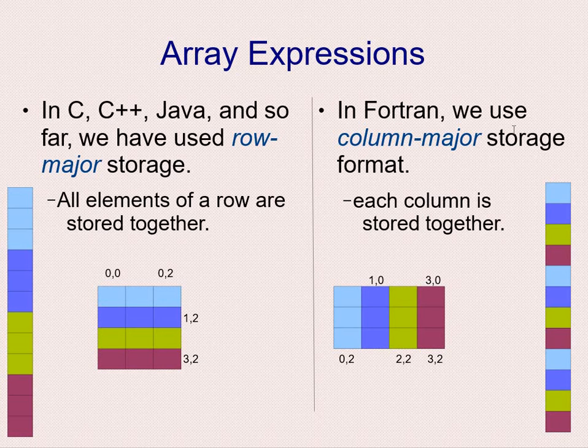In Fortran we use column-major storage format, where each column is stored together: first column, second column, and so on, like this.